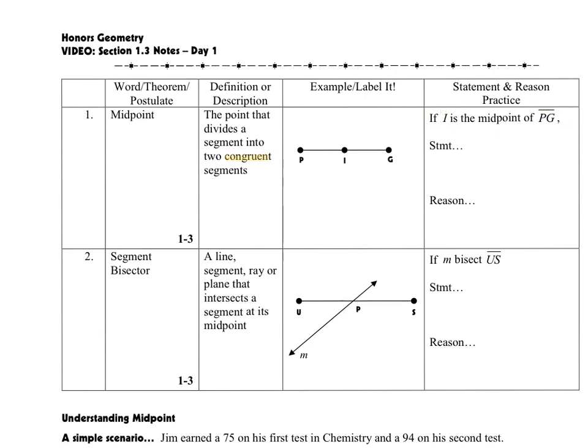So on the front of a 3x5 index card, write this, and then on the back of the card, you'll write the statement, the reason, and the picture that we're going to have right here. And you could do the same thing with our segment addition example from the last video. You would put whatever was under our example on the front, and then the statement, reason, and our picture on the back side.